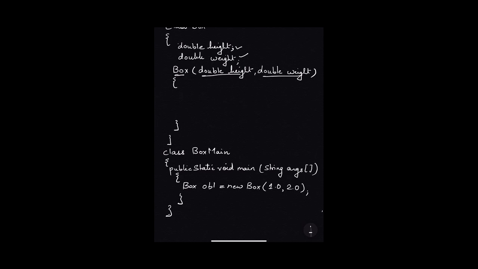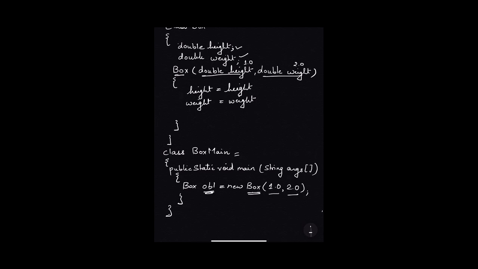So if I complete this block, it will become height is equal to height, weight is equal to weight. Now, when my object is created in my class box main and it calls this parameterized constructor with 1.0 and 2.0 values, 1.0 is assigned to this height and 2.0 is assigned to this weight.